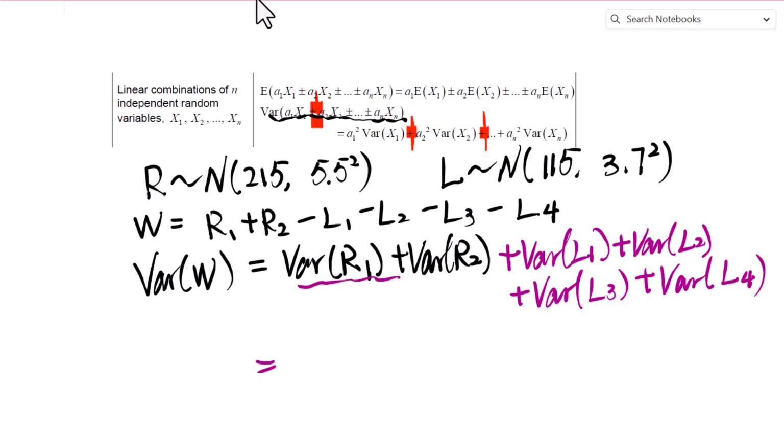Variance of R1, variance of R2 equals variance of R, which is 5.5 squared.